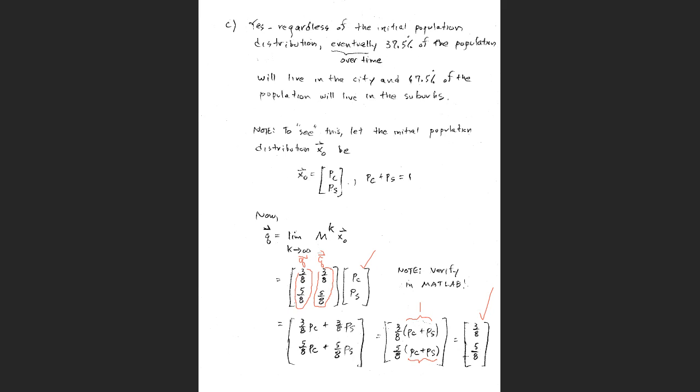So this gives you an intuitive feel for why the initial distribution didn't matter. The initial population distribution here could have been anything. It could have been 0% of people living in the city, or 100% of people living in the city and 0% of people living in the suburbs. It doesn't matter.